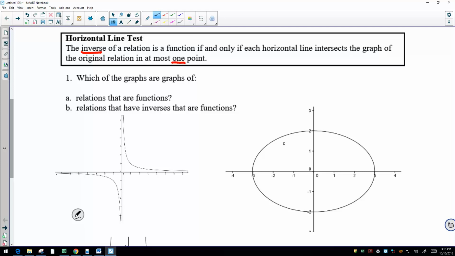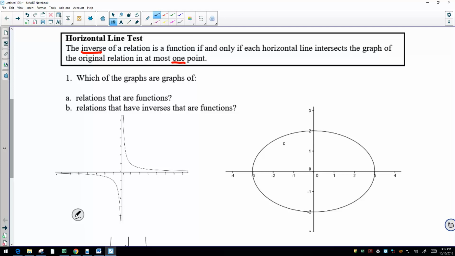So that's huge. If we were to simplify it, the idea here is if I have a function and I draw in horizontal lines and the horizontal line touches the graph at only one location, then I can look at that function and say the inverse will also be a function.